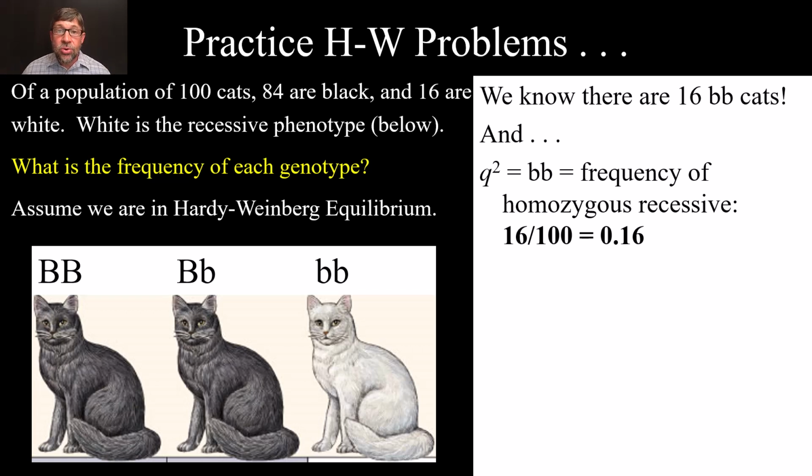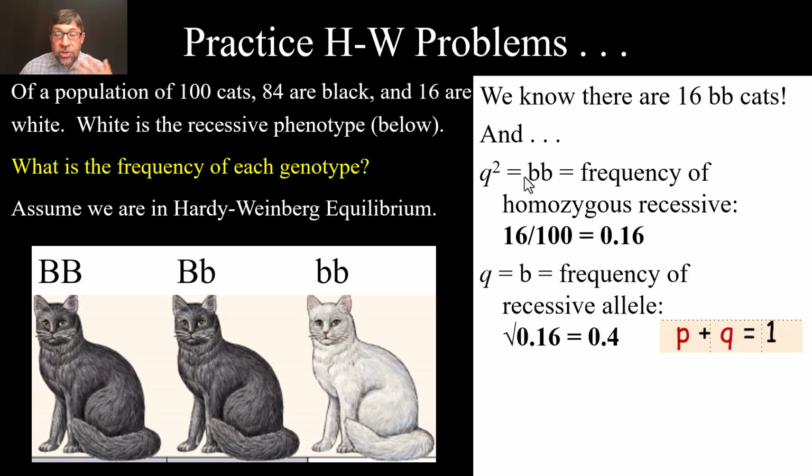Step number 2, solve for Q. So we need to know what is the frequency of the recessive allele of little b. In order to solve for the frequency of little b, which is just Q, all we're going to do is take the square root of Q squared.